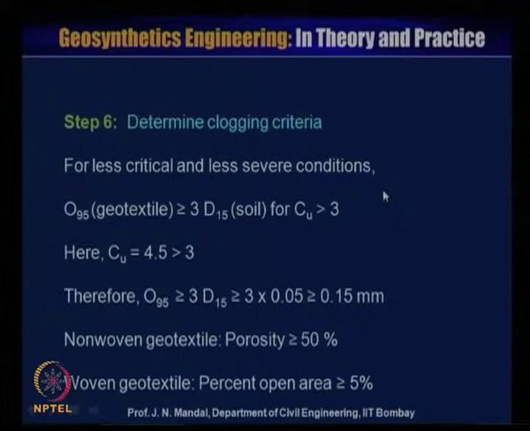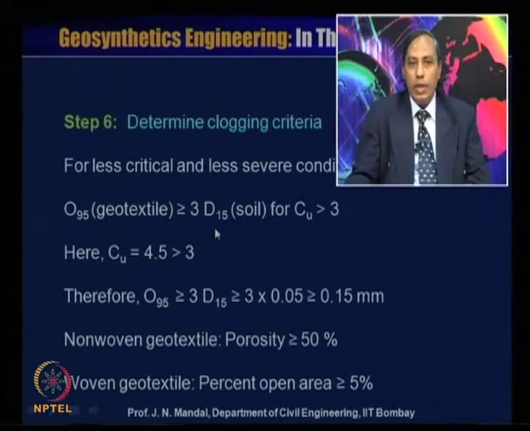Step 6: determine the clogging criteria. For less critical, less severe conditions, O95 of geotextile should be greater than 3 D15 of soil, for Cu greater than 3, which we have already discussed. Based on this, we can calculate Cu. Here Cu is 4.5, so it is greater than 3.